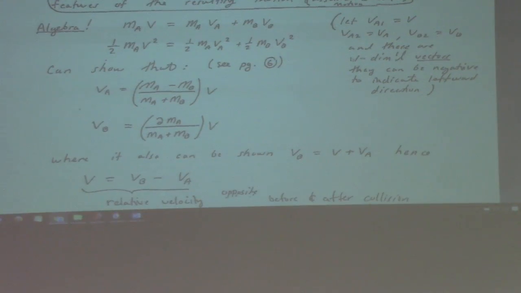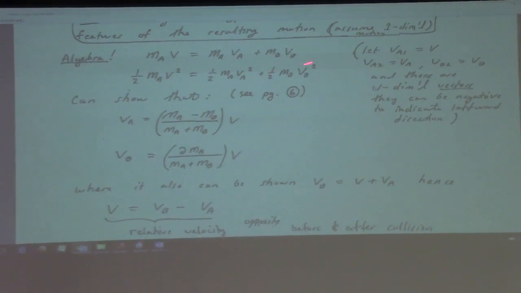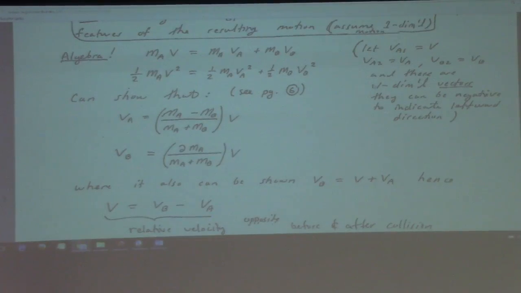So we've been trying to solve this: MAVA equals MAVA plus MBVB, and this, right? Well, apparently you can show MVA is equal to MA minus MB over MA plus MB times V, and you can show VB is equal to that in terms of V. So from these, you can show that VB is equal to V plus VA, hence V is equal to VB minus VA.